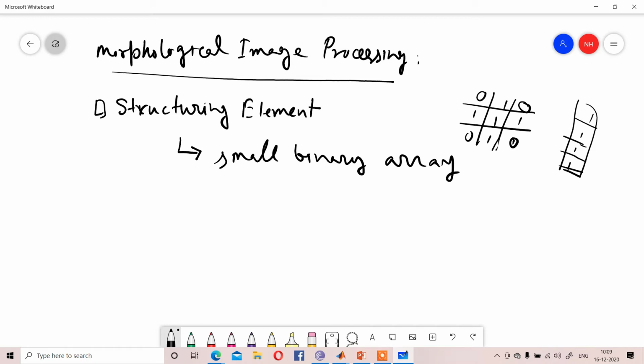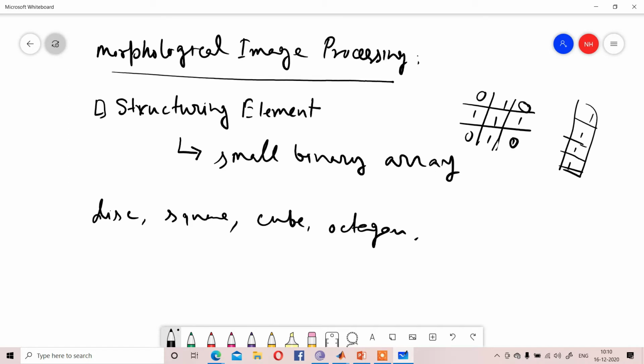The structuring element may be of different shapes: called disk, square, cube, octagon, depending on the shape we are considering. Okay, so what is the importance of the structuring element?